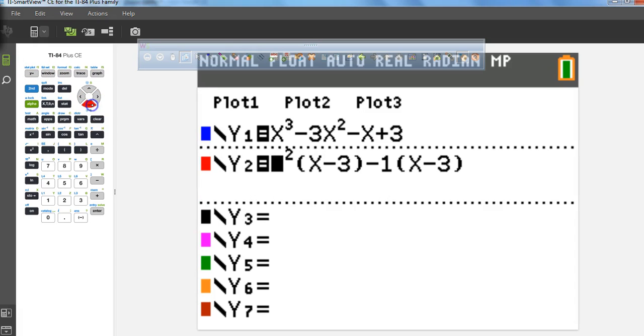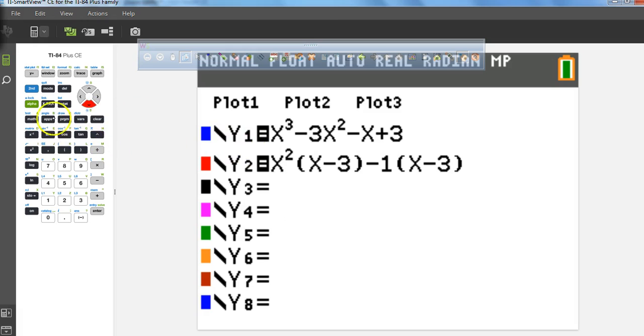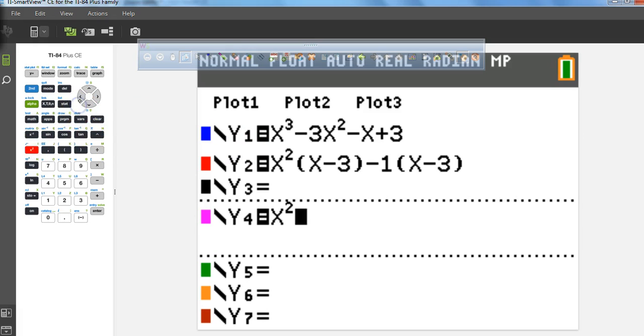Now if we go down here and type in x squared, oh, got to do it in parentheses, sorry. Second delete allows me to insert something. I'm going to insert, there we go, a parentheses. If I say x squared minus 1 parentheses, open parentheses, x minus 3, here I have an x squared minus 1 times an x minus 3.